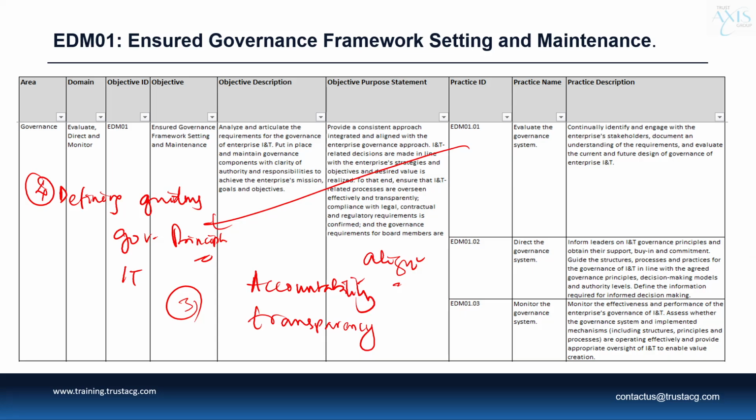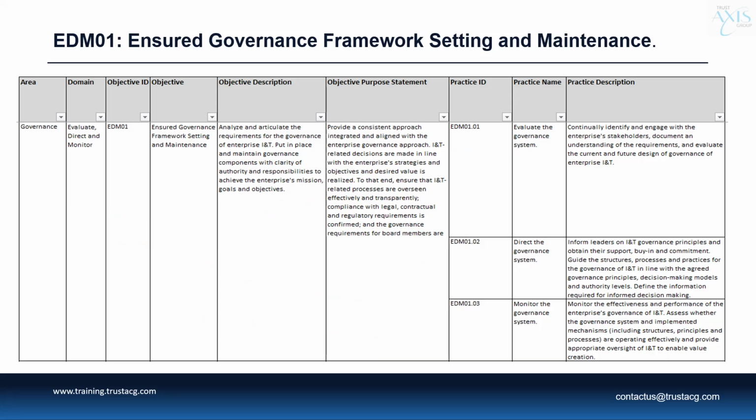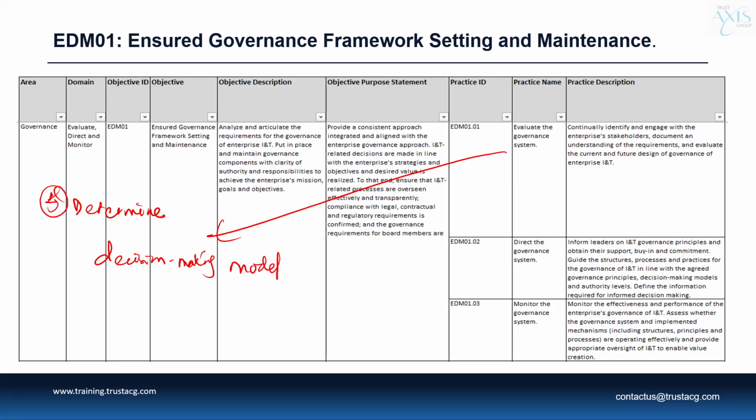Similarly, the next activity that you should be doing in order to evaluate the governance system, or at least validate, is to determine what is the decision making model that is defined within the enterprise. Like, how are the decisions being made within the enterprises? Who decides? Who approves? Who contributes?